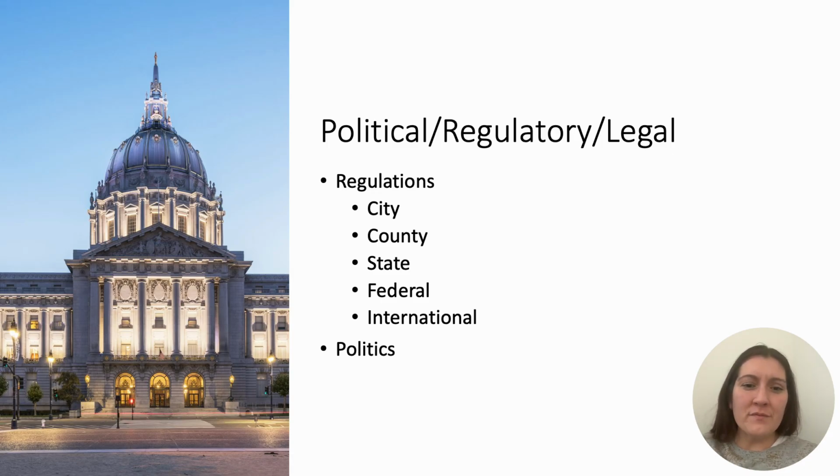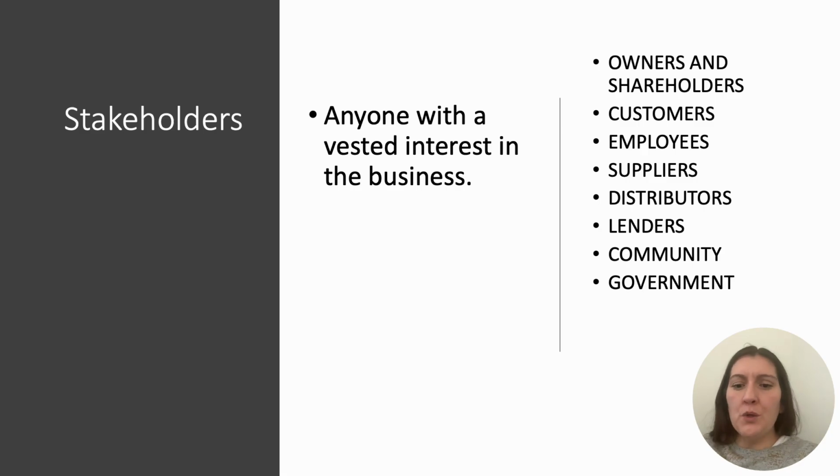Okay? All right, the last thing to learn about in terms of basic information for business is stakeholders. A stakeholder is anybody who has a vested interest in the business, and that just means anybody who thinks, this business is important to me. That can be the owners and the shareholders, and I do want to point out that all shareholders are stakeholders, but not all stakeholders are shareholders.